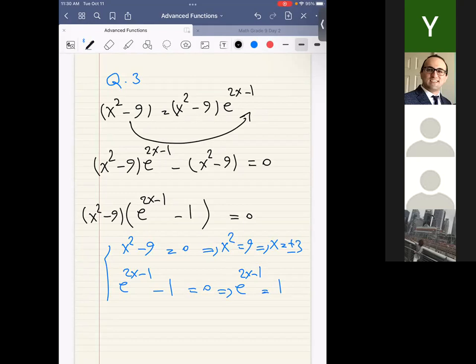The exponent should be 0. So that means 2x minus 1 equals 0. So that is x equal to 1/2. So you have three solutions: x equal to 3, x equal to negative 3, and x equal to 1/2.